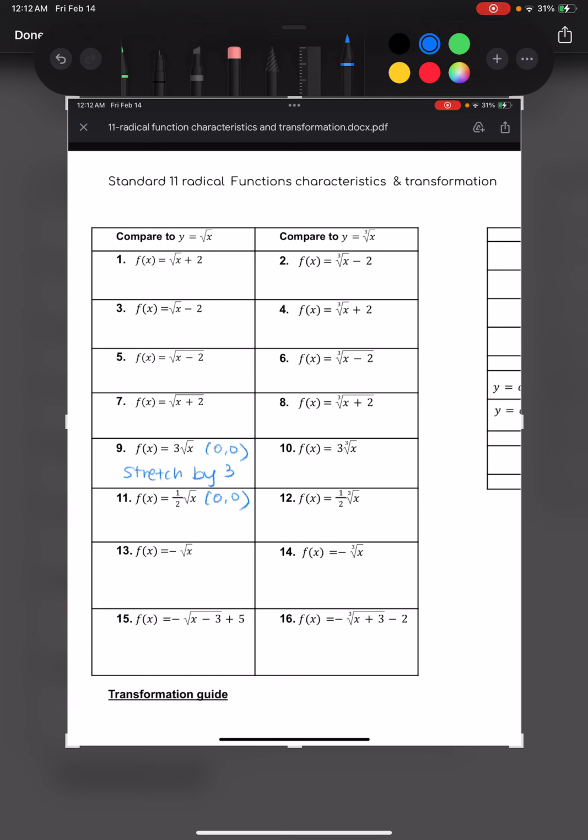Number 11, compress by 1/2. Then 13 is flipped. Then see what the endpoint is and how it is related to these two values, and then describe the transformation.